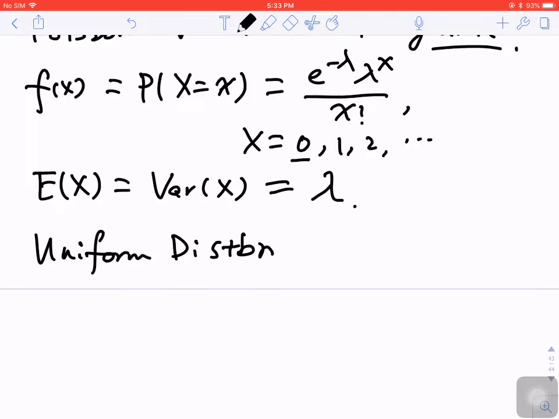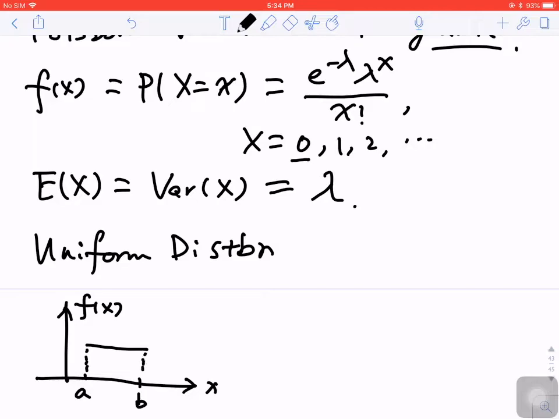But for a continuous uniform distribution, say it's defined on an interval from A to B, this is the PDF of a continuous uniform distribution. It will be like this.